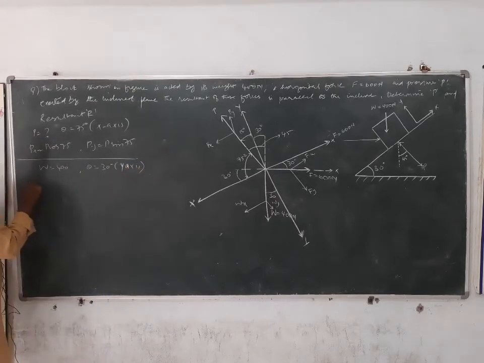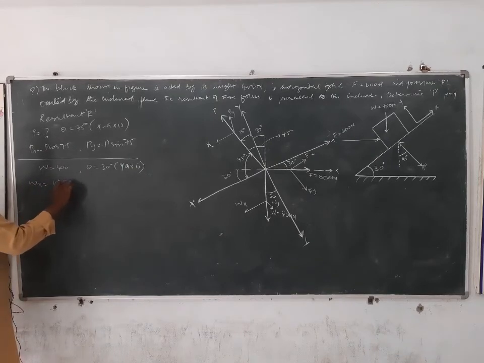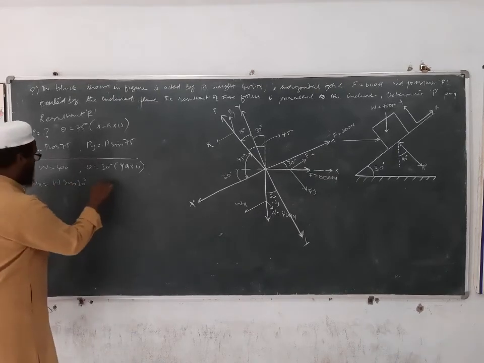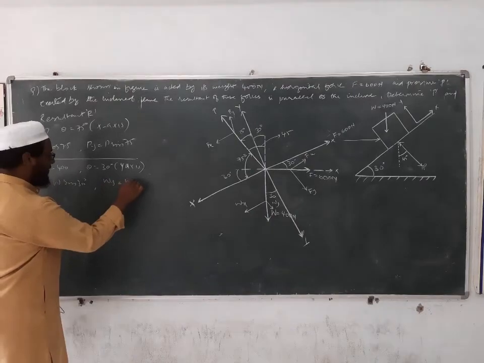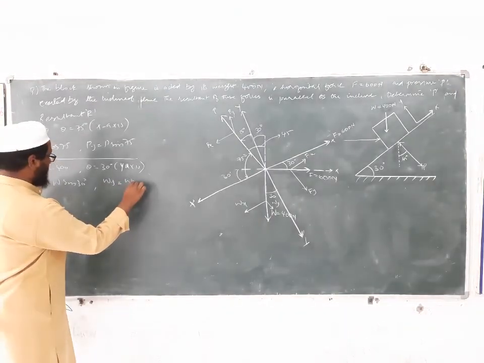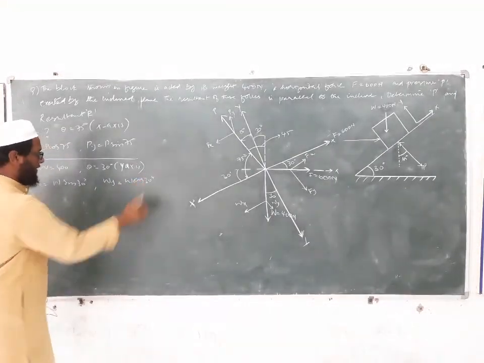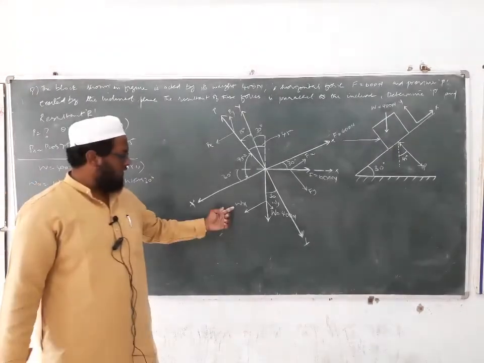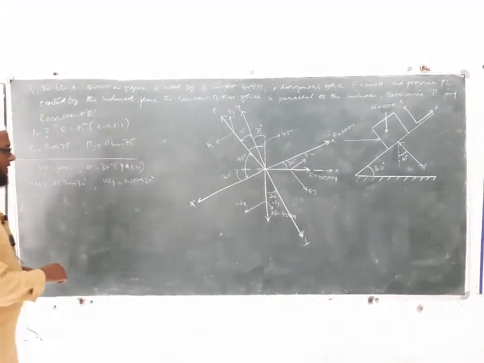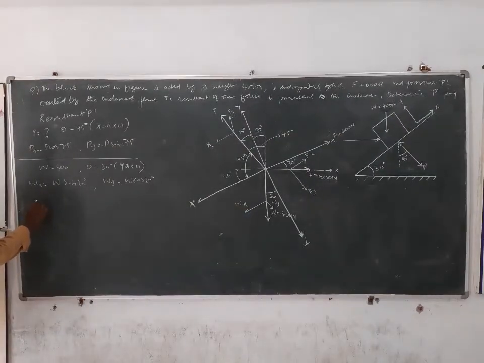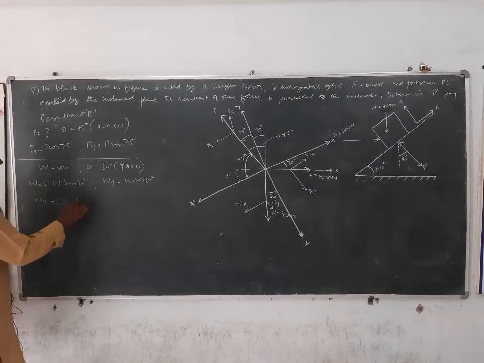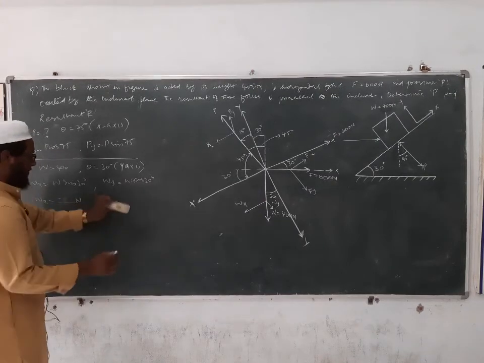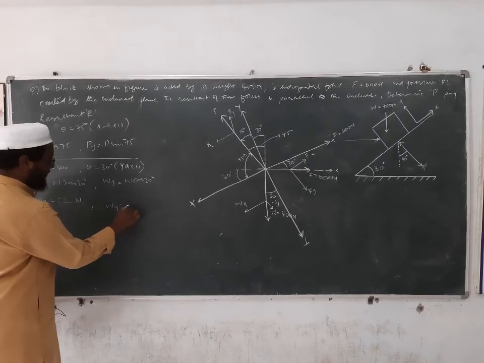So Wx is equal to W sin 30 degrees, whereas Wy is equal to W cos 30 degrees, isn't it? Now you will get some value for these two components. These two components will be negative because they are in the third quadrant. So Wx will get some value in negative sign and Wy negative sign.